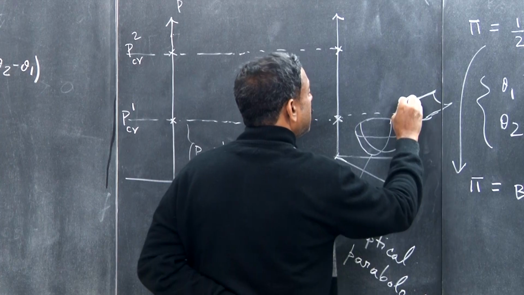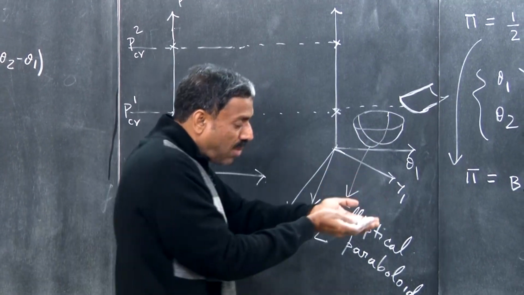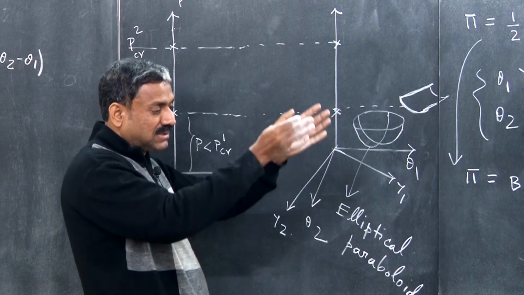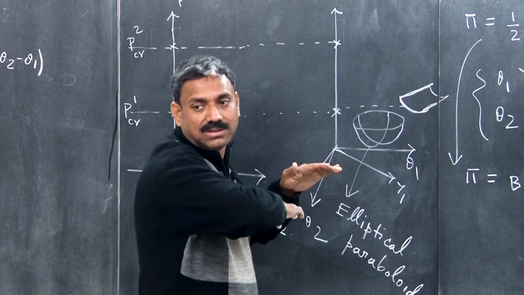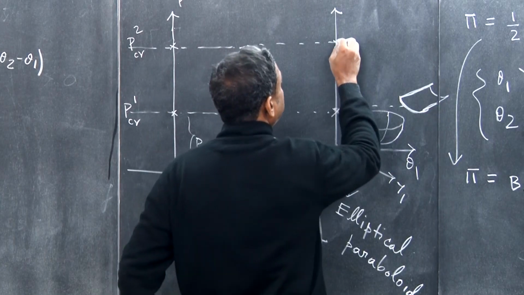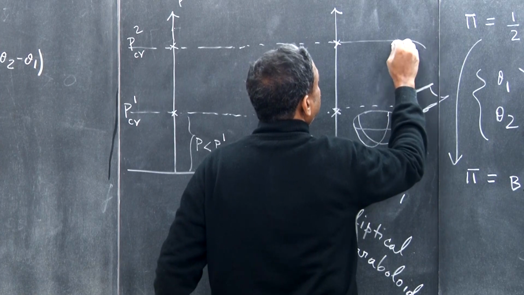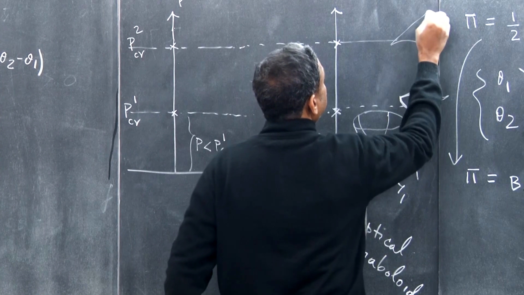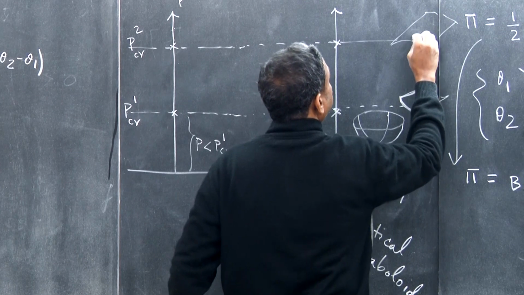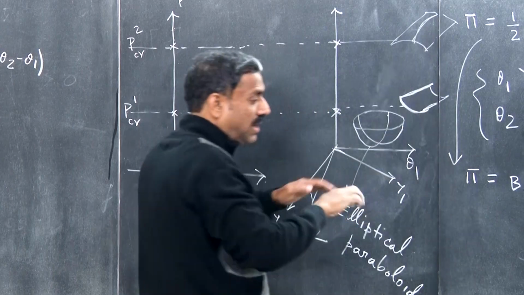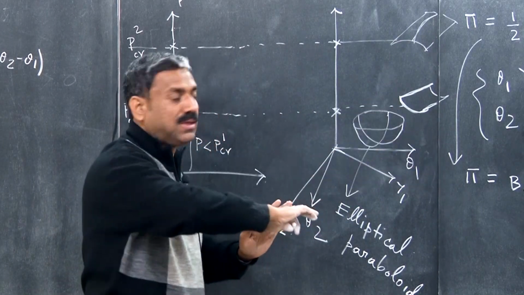Cylindrical means what? In one coordinate it is concave, but in the other coordinate it is neutral. Then when you are reaching here, it is being like this, and this configuration is also being like this. So it is cylindrical, but the surface is also convex.